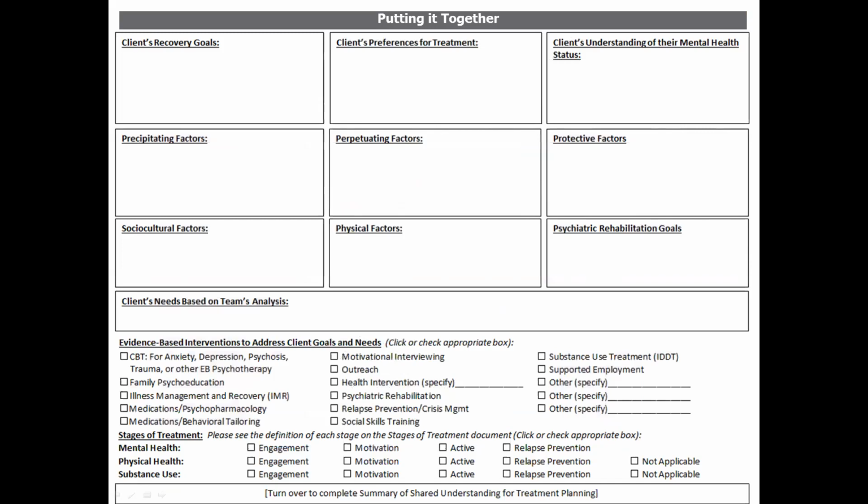And so specifying areas such as their goals, perpetuating and protective factors, strengths, those kinds of things, as well as what that means in terms of the team's idea of what kinds of interventions they would be getting.